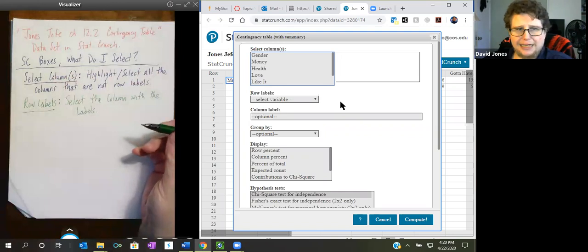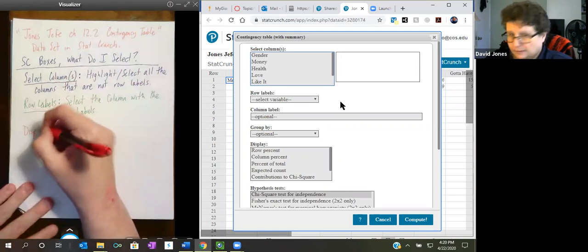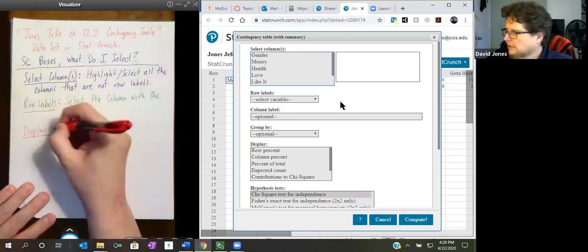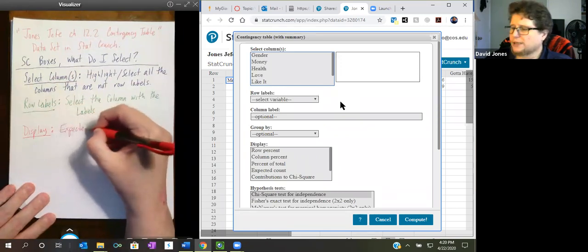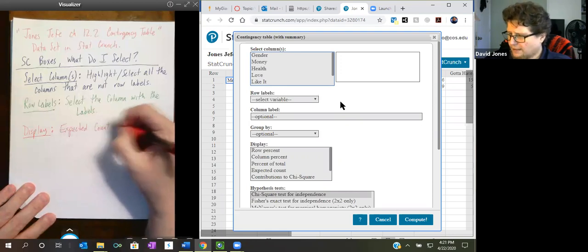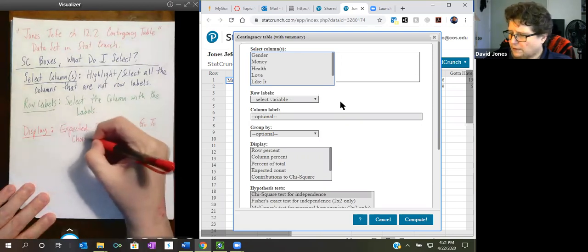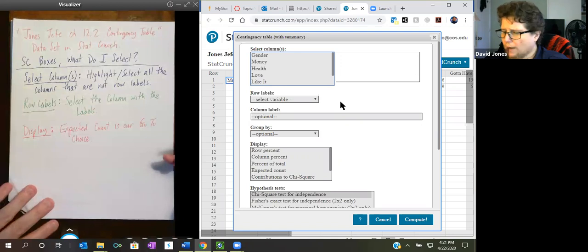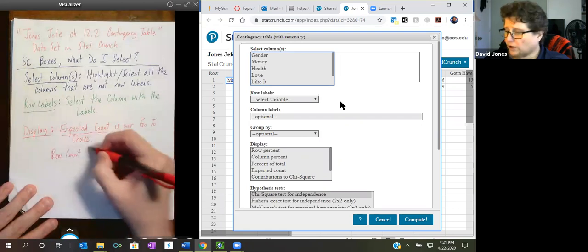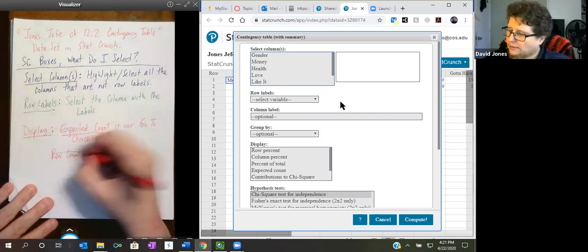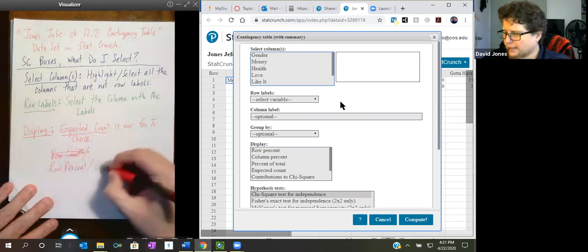Okay. Display is the final box we're going to do a lot with. Expected count is our go-getter. It's our go-to one. We will use row percent, column percent.